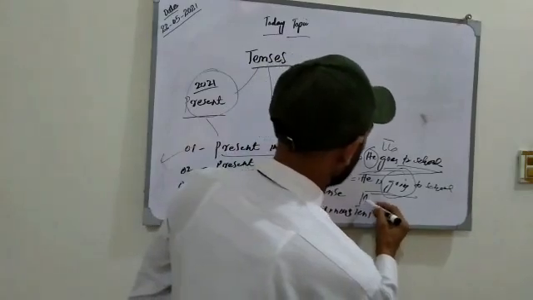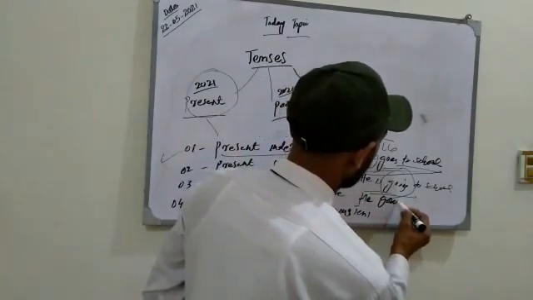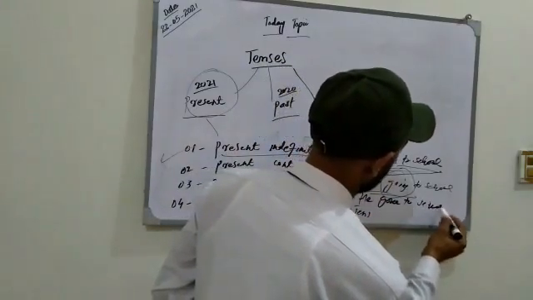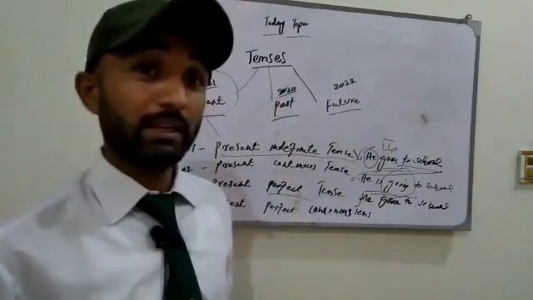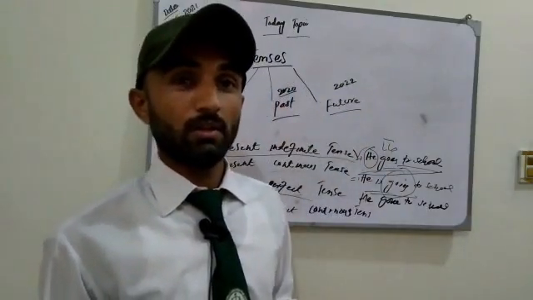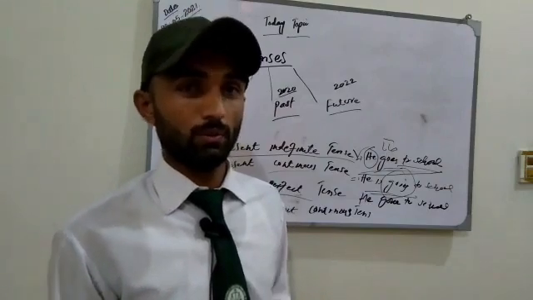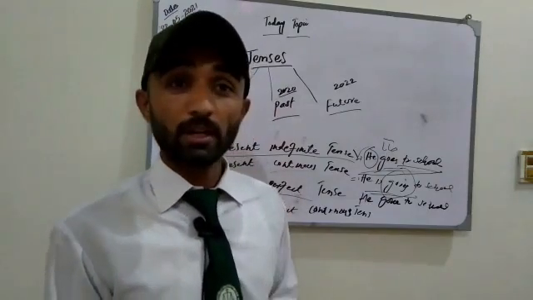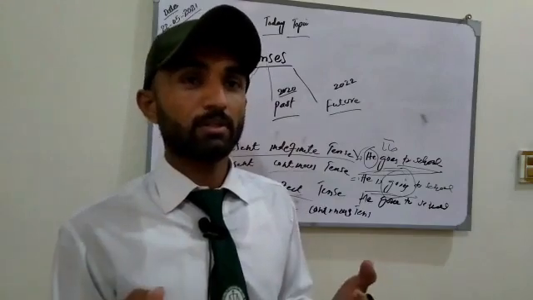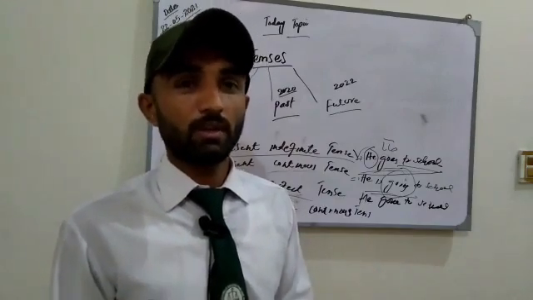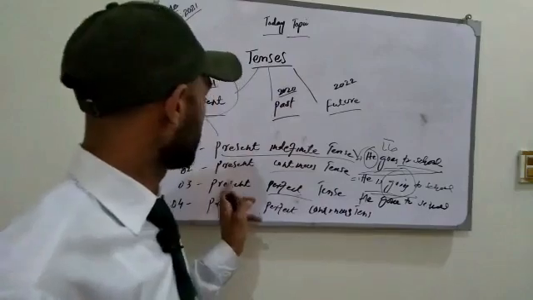Like he has gone to school, you can say that he has reached his destination, the point where he wanted to go. So when he completed his task, when he completed his assigned work, then it will be present perfect tense.